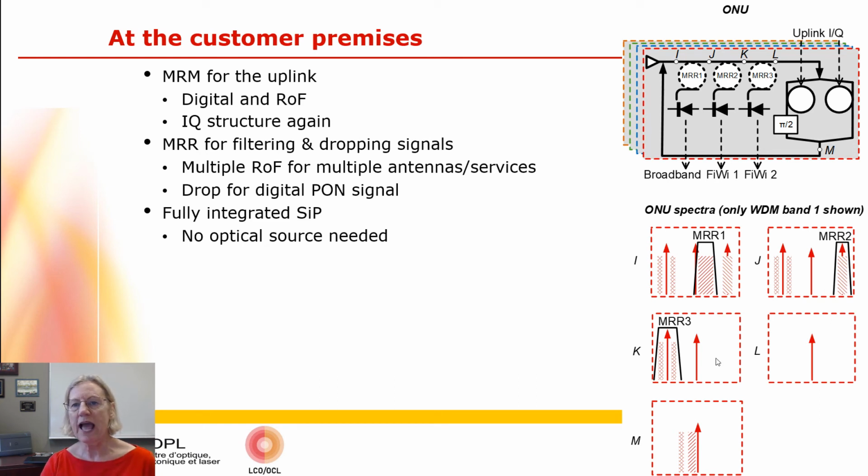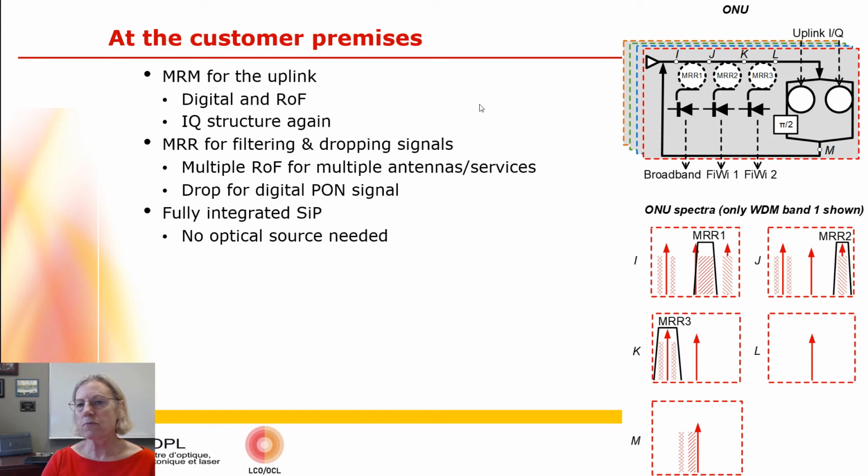So for instance, the first one would drop the broadband signal, the next one would do an analog radio over fiber signal, and the last one would drop another one. And finally, as it gets through this cascade of microring resonators, when it gets to the microring modulator, there will only be the residual carrier left, which is remodulated and sent back out.